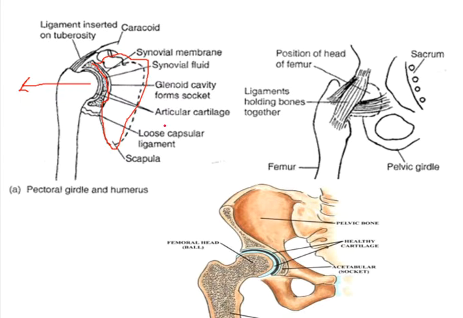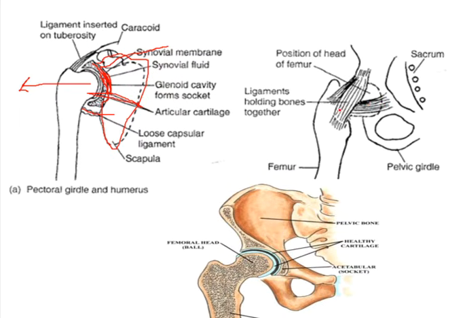Then you can see ligaments connecting the two bones here, then cartilage on the two bones to reduce friction. Then we have the synovial membrane, which secretes the synovial fluid that lubricates the joint and also encloses the synovial fluid.